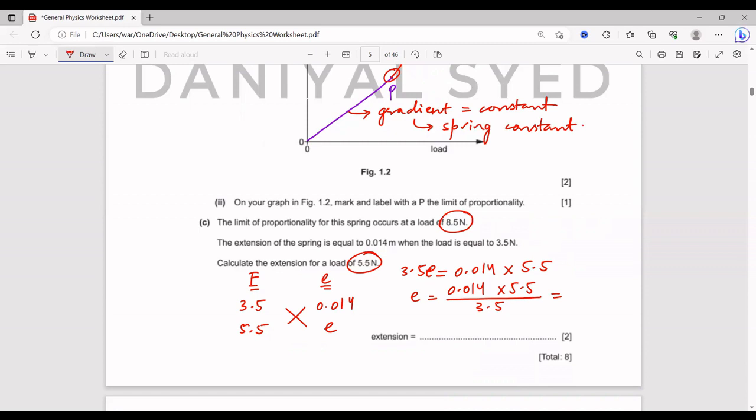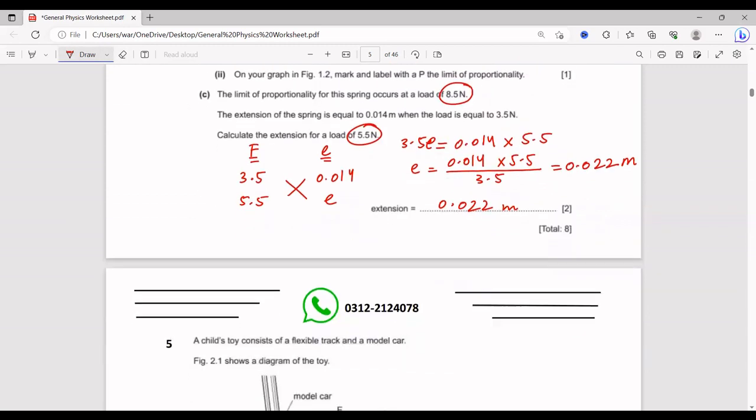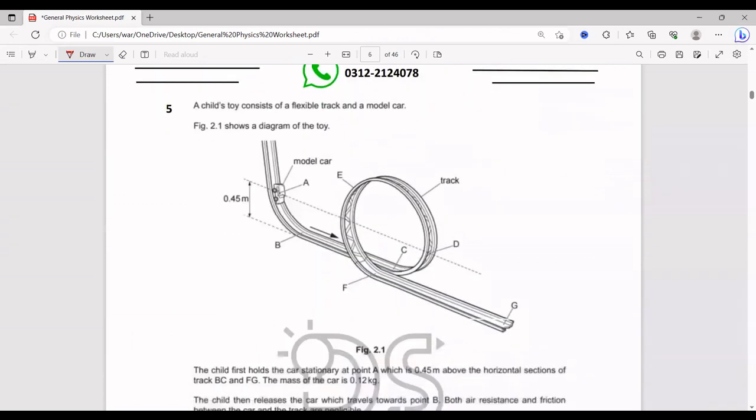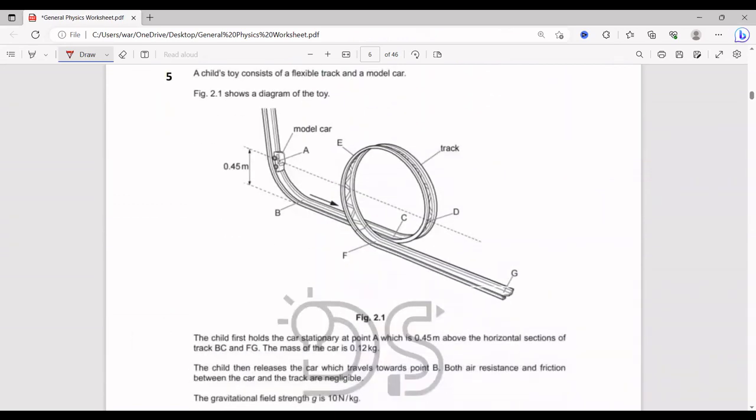The answer is 0.022 meter. So this is the extension produced at 5.5 Newton load.